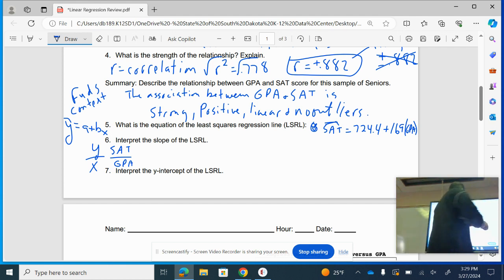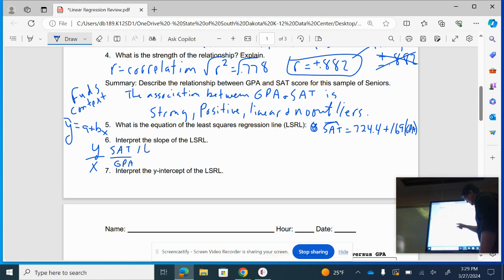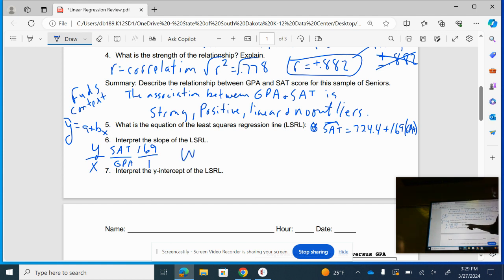I'm positive in that. So 169 is the slope. The B value is the slope over 1. So you get the words I predict or we predict. We predict 169 more SAT points for 1 more GPA. Hopefully that rings a bell. This is something you can study.